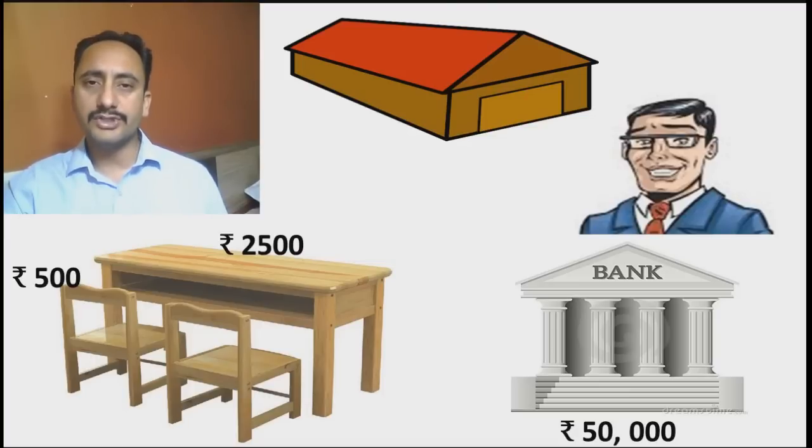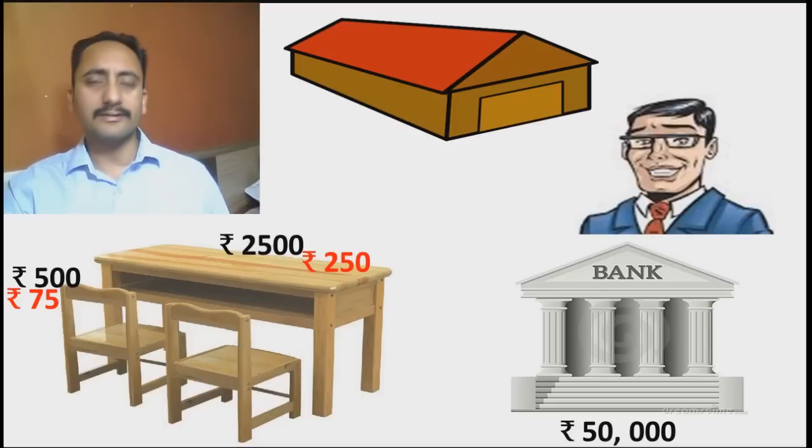And for each chair he has to pay rupees 500. Then he found that if he sells his product at a very competitive price, he will gain rupees 250 per table and rupees 75 per chair.